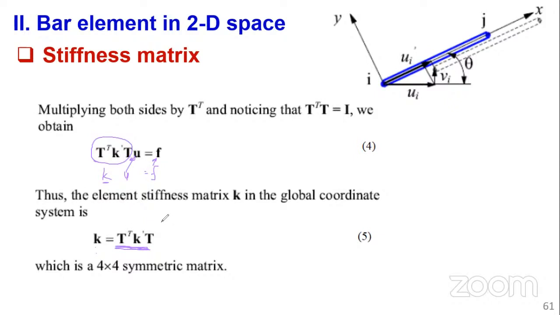Remember, you have T is equal to, don't forget some of these very simple equations: first row L, M, 0, 0; second row minus M, L, 0, 0; third row 0, 0, L, M; fourth row 0, 0, minus M, L. So that is T. What else do you have? K, in the local coordinate system, we have it as AE over L times the matrix with rows 1, 0, minus 1, 0; then 0, 0, 0, 0; then minus 1, 0, 1, 0; and the bottom row 0, 0, 0, 0.